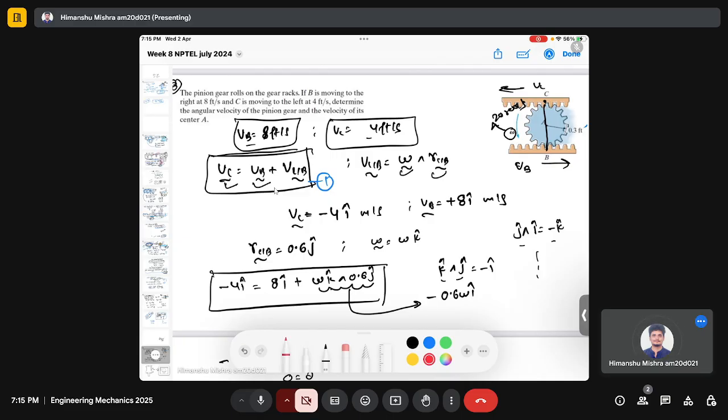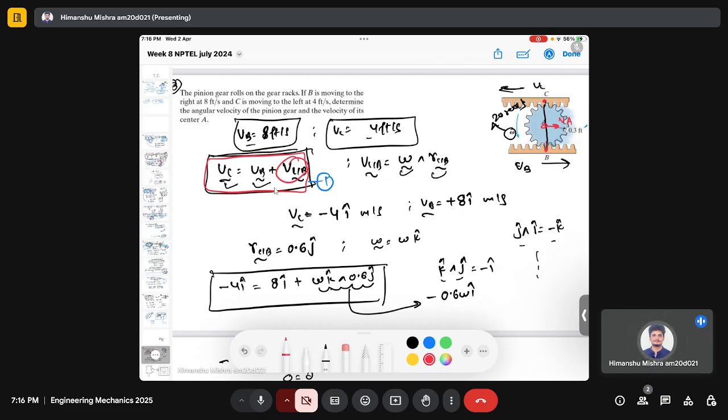Now we need to find the velocity of center A, and it is pretty easy. Because we considered 2 points C and B, and we used the relation VC equals VB plus the velocity of C with respect to B. Now if we want to find the velocity VA, we have to repeat the exercise.